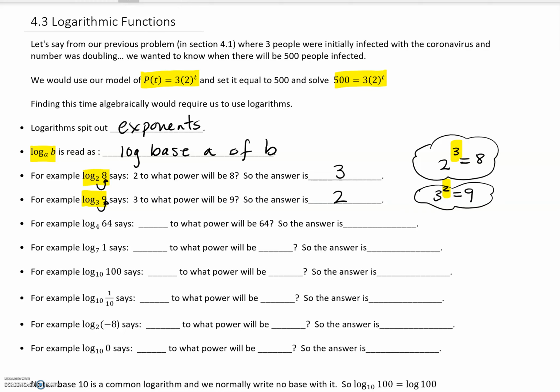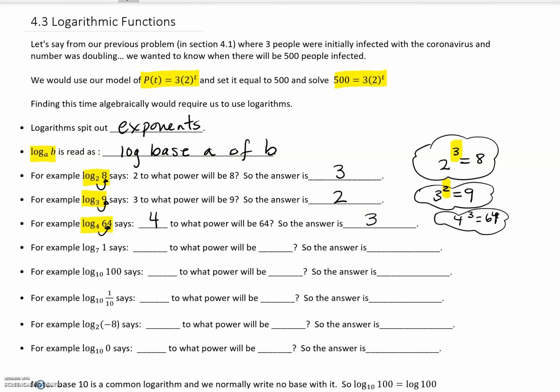Next example, log base 4 of 64 says 4 to what power will be 64? The power required must be 3, since 4 to the third gives me 64. So again, just keep in mind it's spitting out exponents.